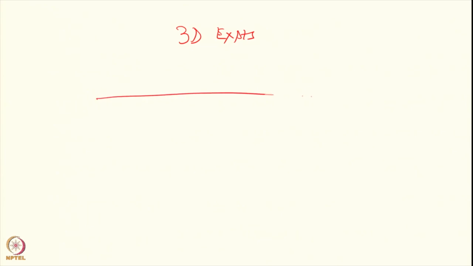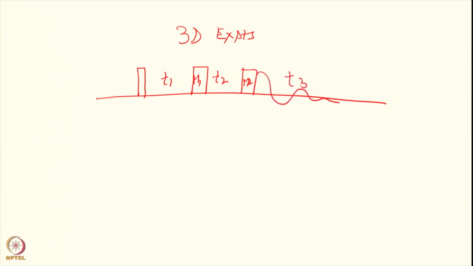So this is typically, as with the schematic, you have a period here, the T1, then you have a mixing, this is called M1, then you have the T2, then you have a mixing which you call M2, then you have the data collection which is T3. Yes.